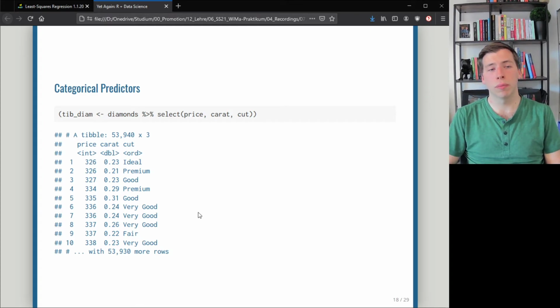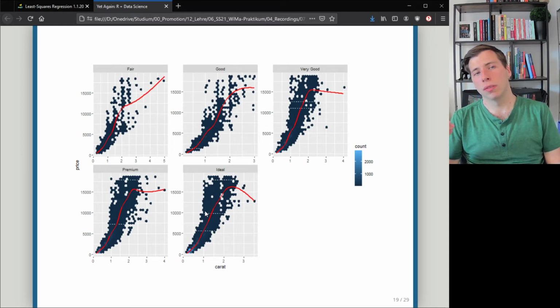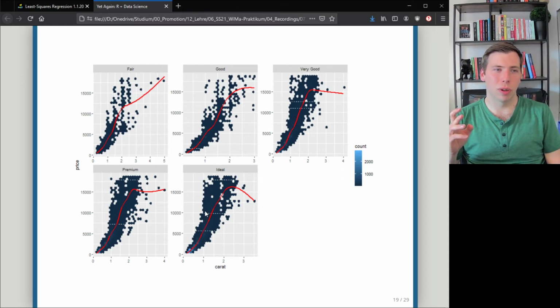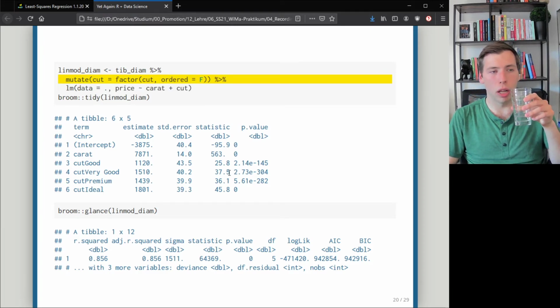If you run a linear model with an ordered factor, then it will do something weird, let's just call it that. It will try to find a square term, a cubic term, and so on, which is not something we usually want to do. This is why we have to get rid of the ordering, and then we can simply run our lm function.